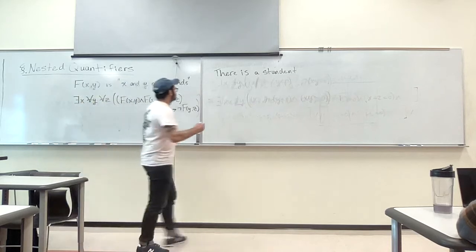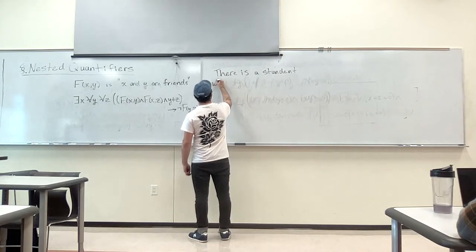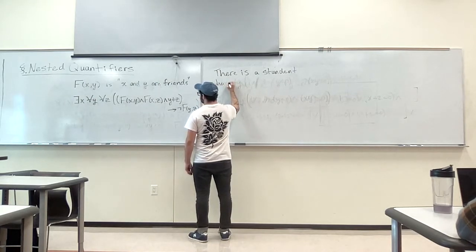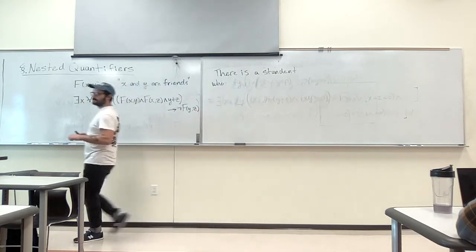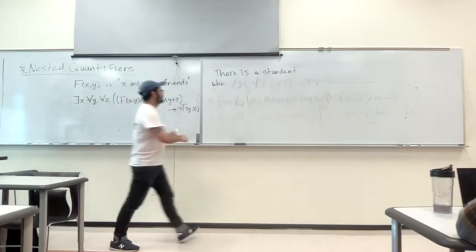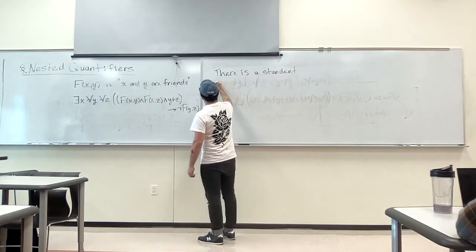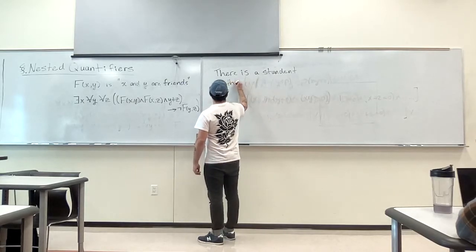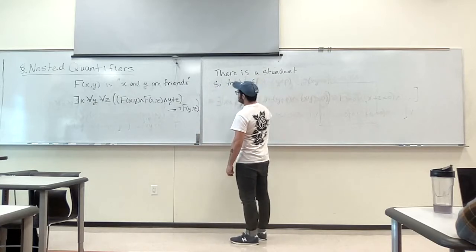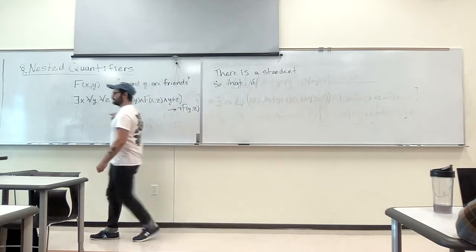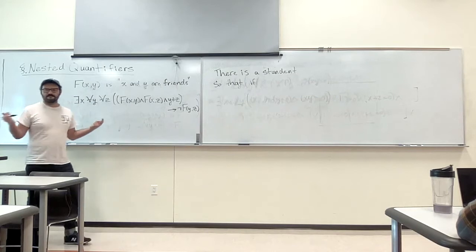So there is a student who, no, there's a conditional statement there. So there is a student so that if this student is friends with two other students, I'm kind of assuming they're different, right?